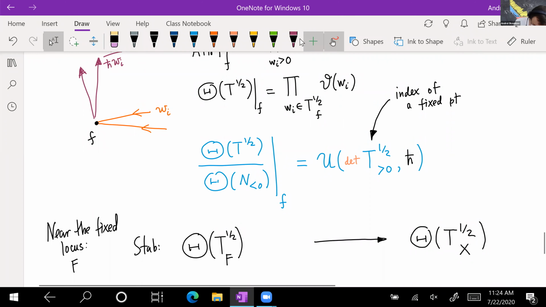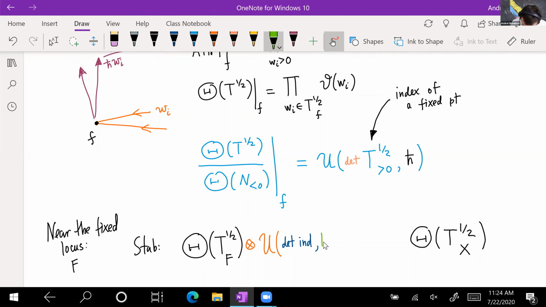So this would be U of the determinant of the index, and then h bar, and then there's the inverse here.